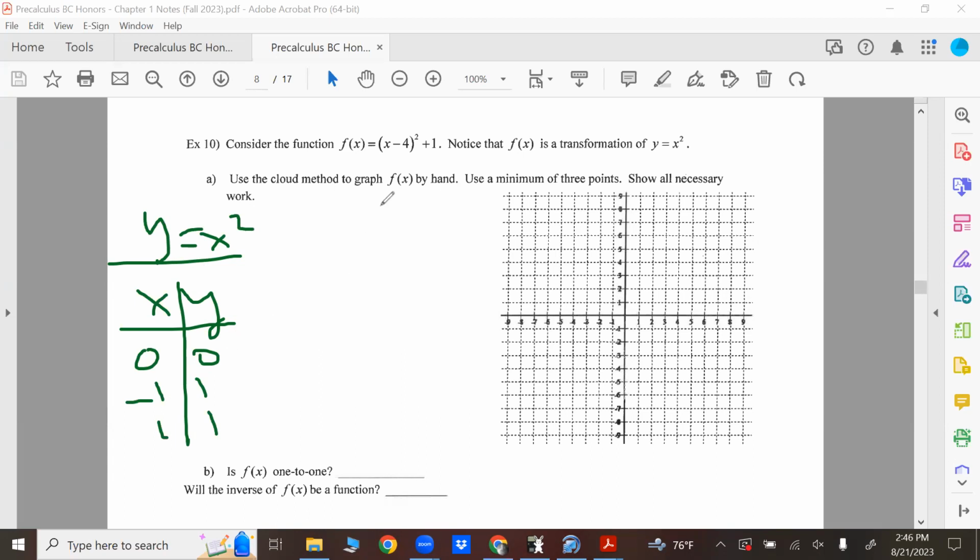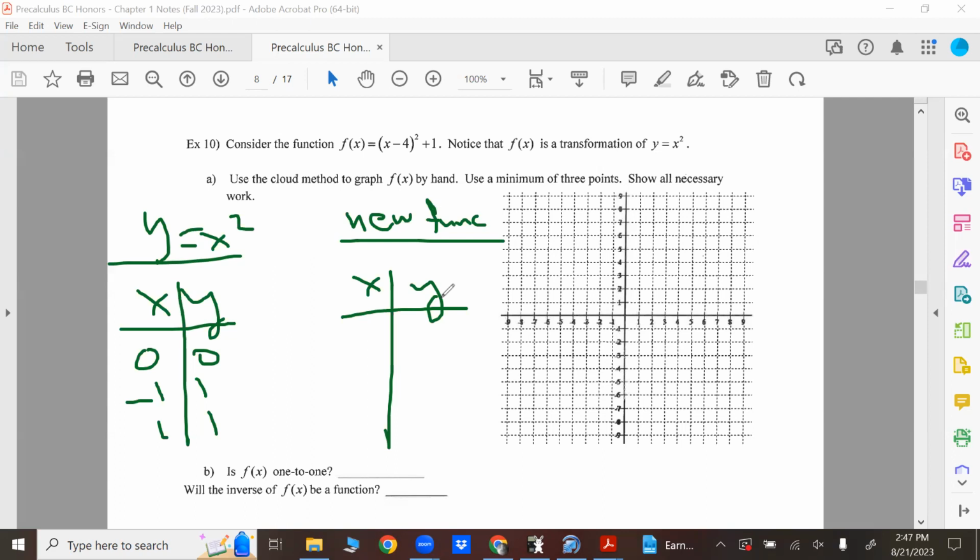We called it the cloud. I don't know what we called it. Obtain the new table. You guys should know how to get the new table after this. Obviously, you're adding 4x and adding 1. Use the cloud method.